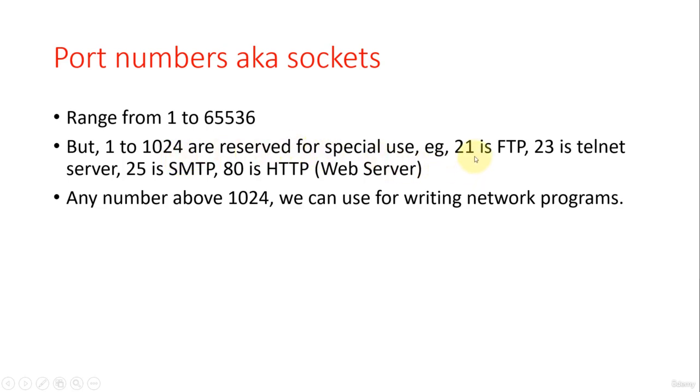For example, 21 is File Transfer Protocol (FTP), 23 is Telnet Server, 25 is SMTP for email, 80 is HTTP, also known as Web Server, and so on. Any number above 1024 we can use for writing network programs. But before you actually use a port number above 1024, always check first to make sure that it is not already in use.